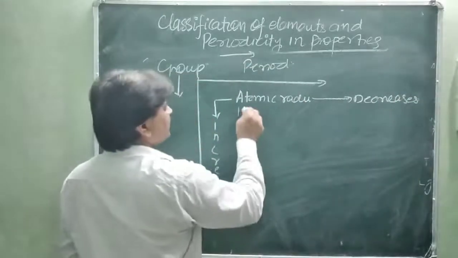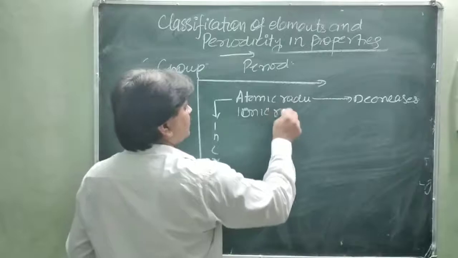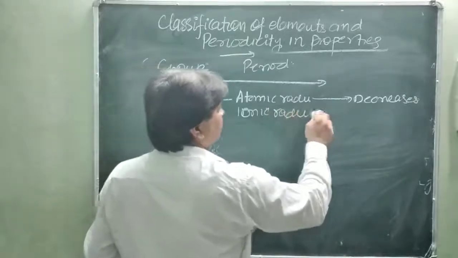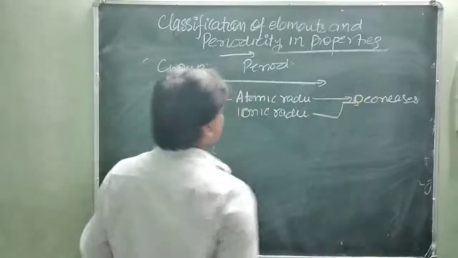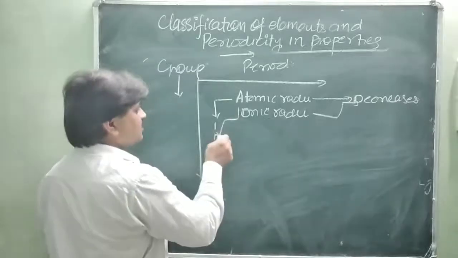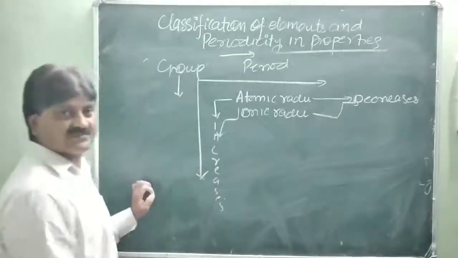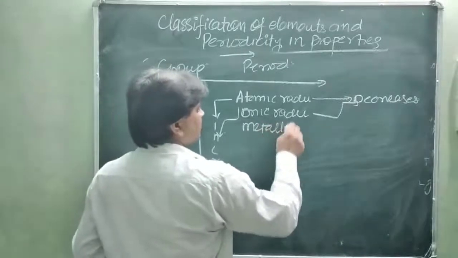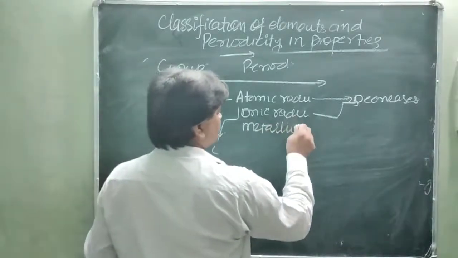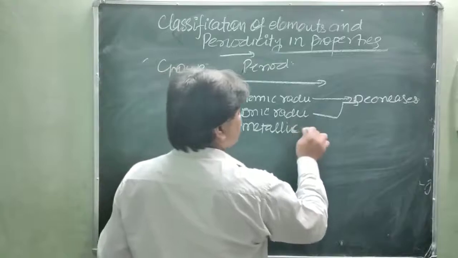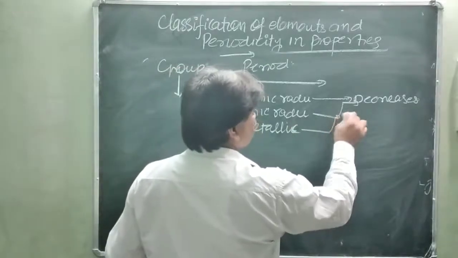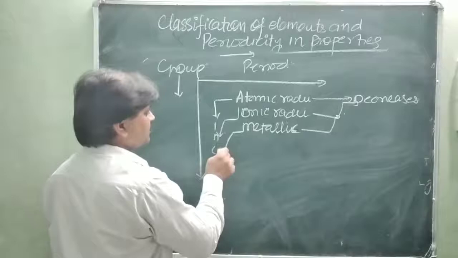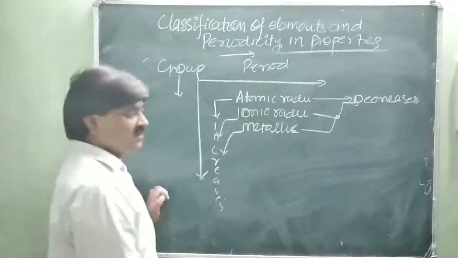Similarly, ionic radii decreases left to right across the period and increases top to bottom within the group. Metallic character similarly decreases left to right across the period and increases top to bottom within the group.